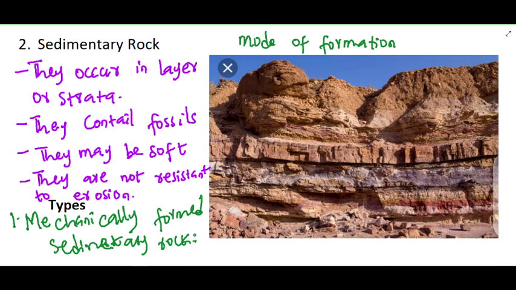They might even be igneous rock. That's why I told you they might be hard or they might be soft. But in most cases, because they are not held by a single force, they are not crystalline.